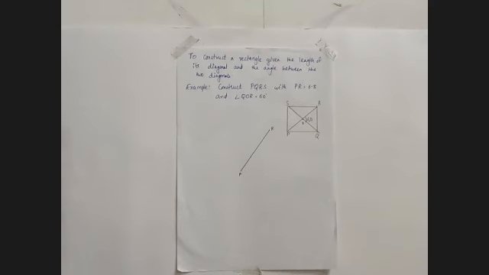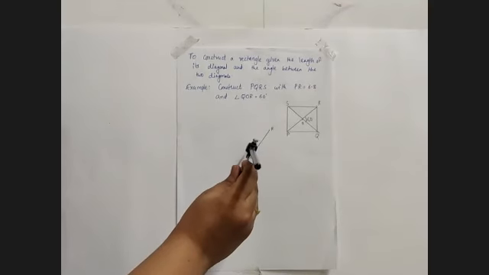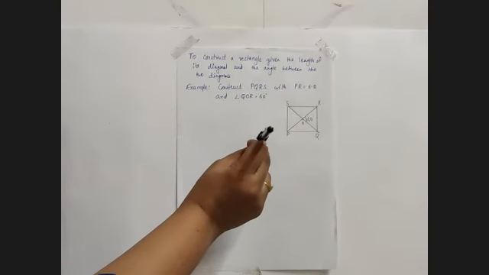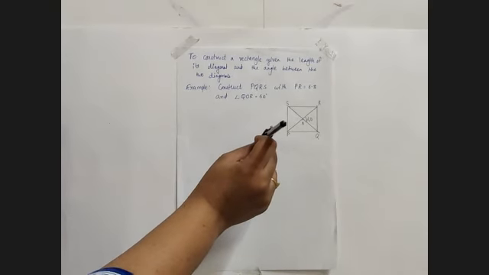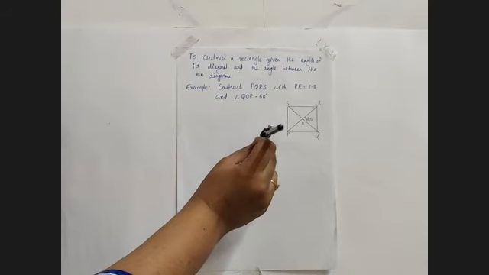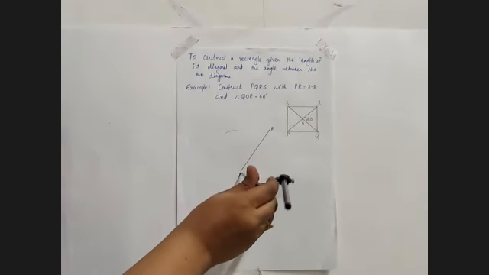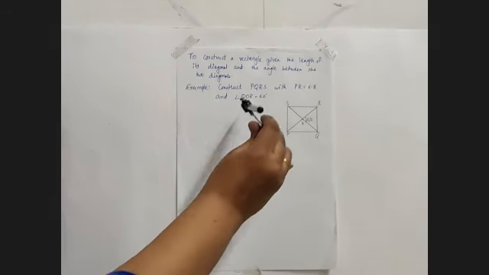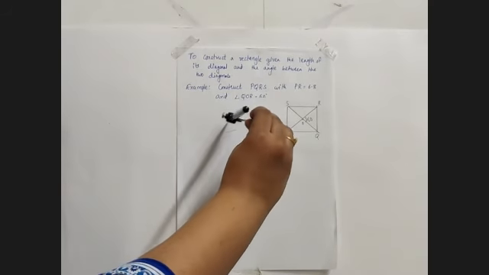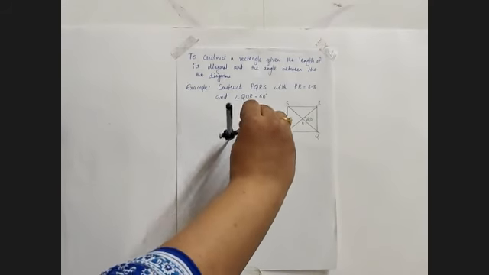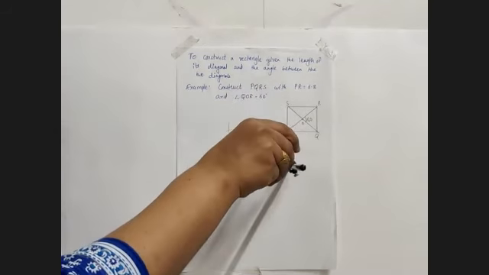So what we have to do now? First we have to bisect this to get the middle point, midpoint of this diagonal. So more than half, one cut above, one cut below. Now keep the center as R and cut the arc.